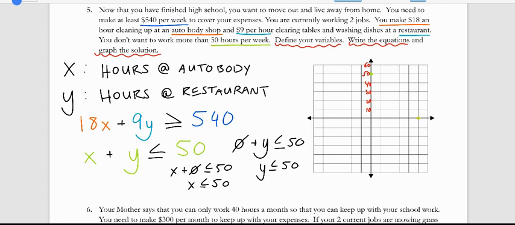This is where 50 is, if we look at our scale, 20, 40, 60 there. All right. Now I just need to connect those 2 dots together. And this is going to be a solid line. It's a solid line because it is less than or equal to, okay?